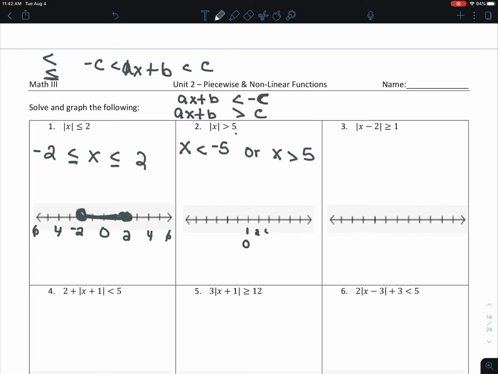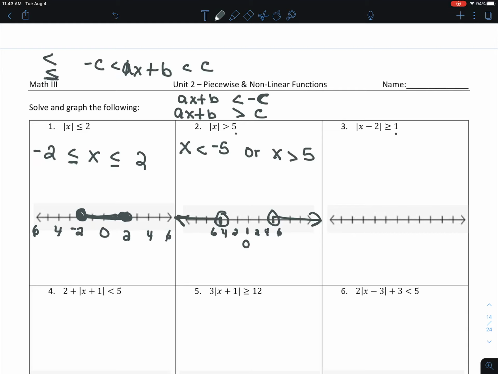And so what does that look like? This is my 0, and if I go up by 2, this is 2, 4, 6. So 5 is going to be in the middle here, and it's going to be an open circle, shaded, and 5 is in the middle here, open circle, shaded.